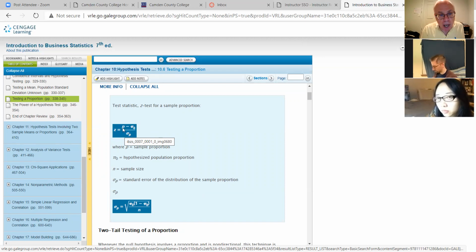So this should read P hat minus P divided by sigma P hat. All right, but I think you get the idea, right? It's basically the sample statistic minus the hypothesized value divided by the sampling distribution's standard error.